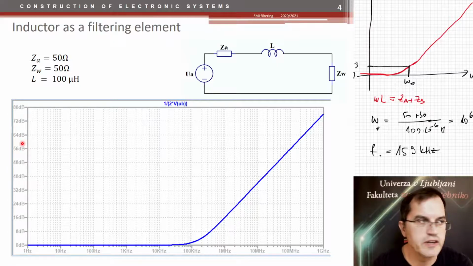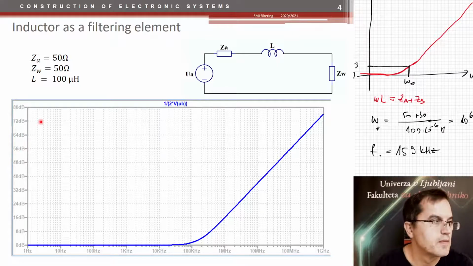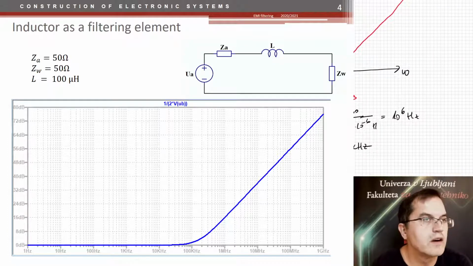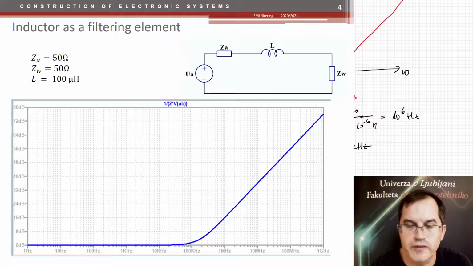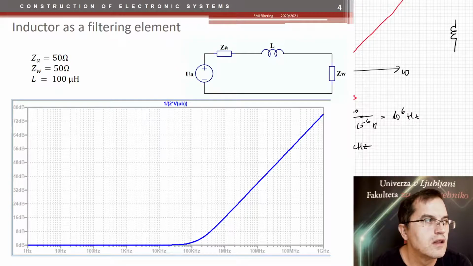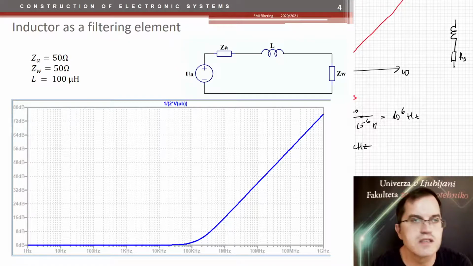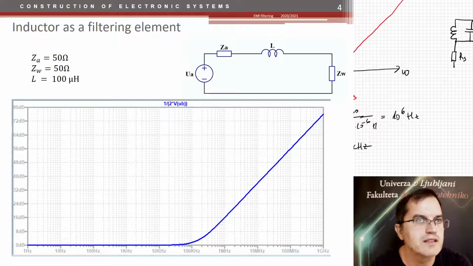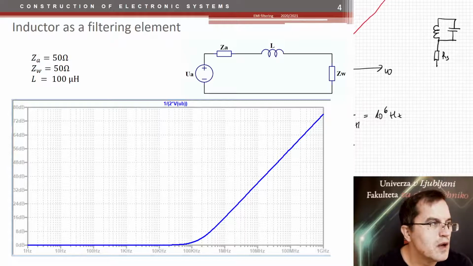Now put some real elements into this story here, and the real elements would require at least 2 or even 3 additional components. The realistic coil includes series resistance, which is the resistance of wires, and parallel capacitance, which is a capacitance between windings. At least these 2, but probably also losses in the core.